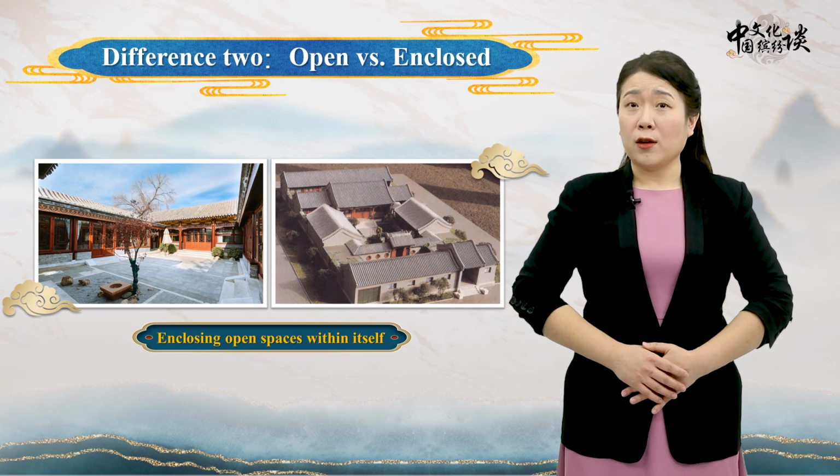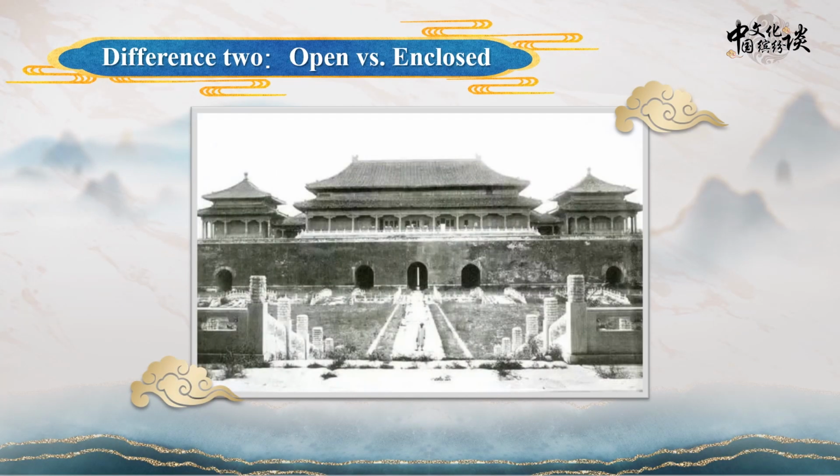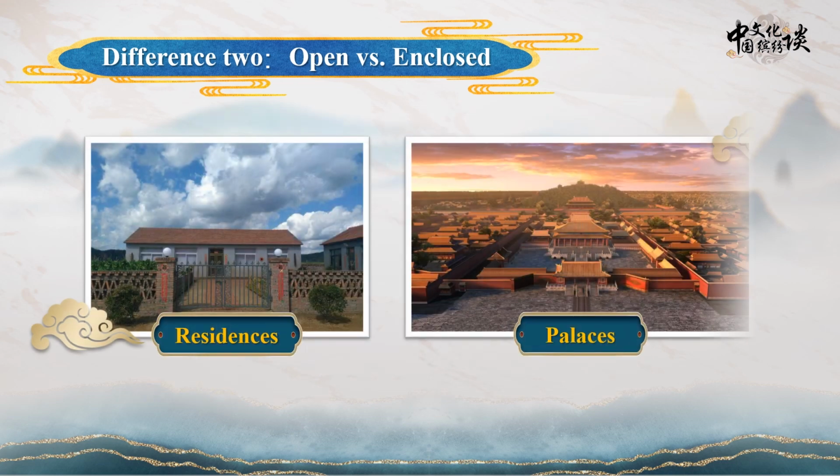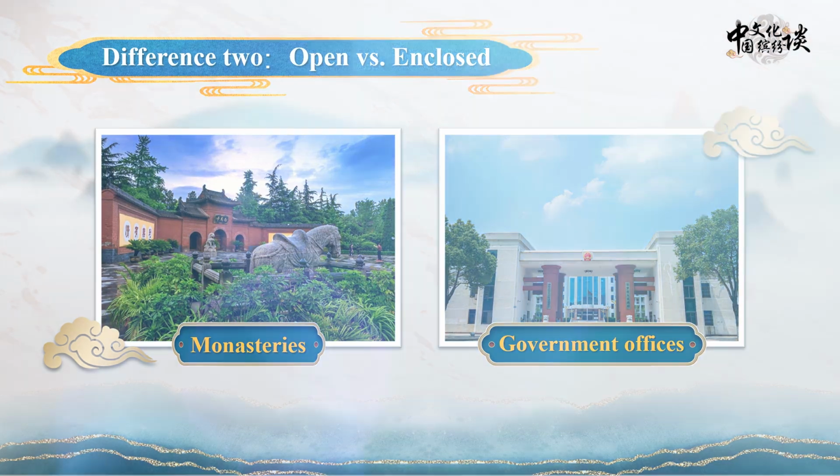Generally speaking, enclosure is the basic pattern for Chinese-style space. Throughout Chinese history, enclosure was the basic element used for residences, palaces, monasteries, and government offices.